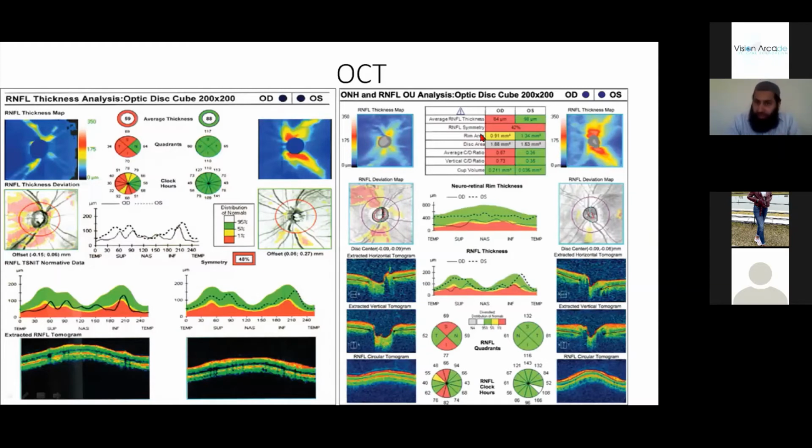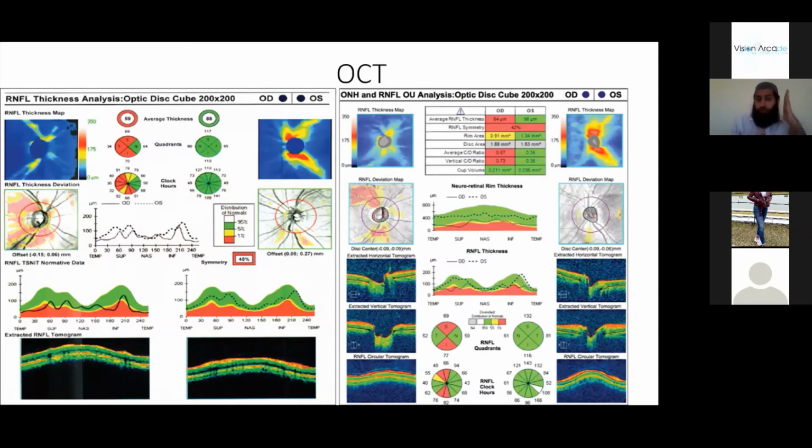But the disc area is quite important, because if the disc area is too big compared to the normal population, then the reliability of OCT is reduced. So you need to be aware of what a normal disc area is. In our example, it's 1.6, which is good. The normal average is about 1.8 to 1.7.